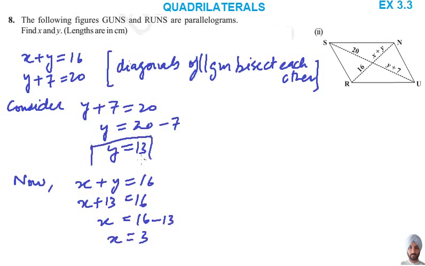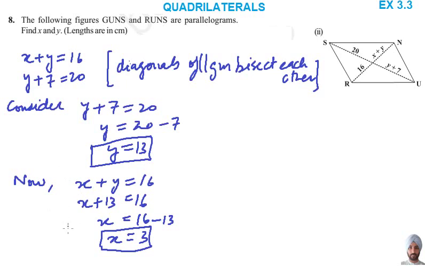Okay, so you need to work here with a little bit of mind, because if you were to solve x plus y is equal to 16 first, you would be stuck at the first step because you don't have y at that place. So it is imperative here that you find y from this equation and then put the value of y in this one. Okay, so this was the question, important question, good question.